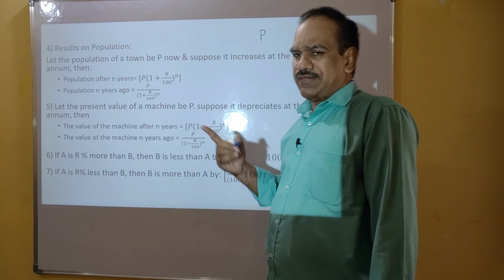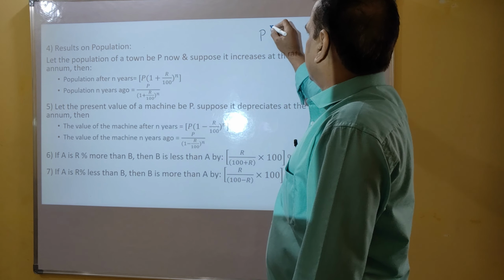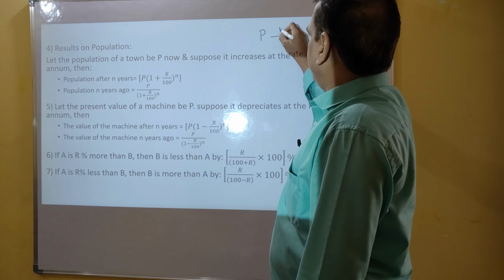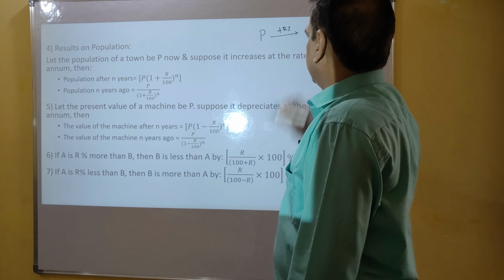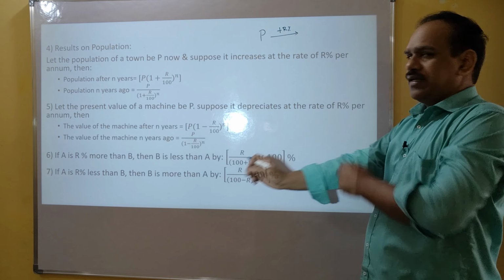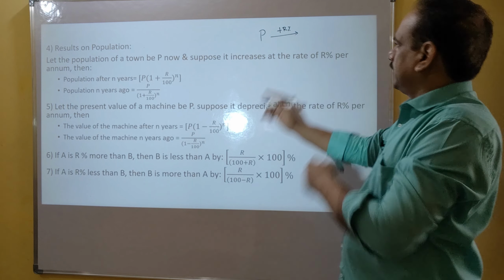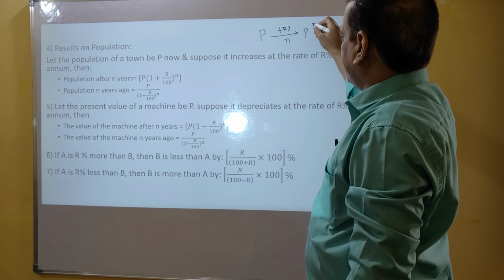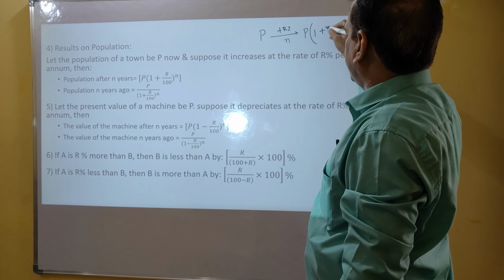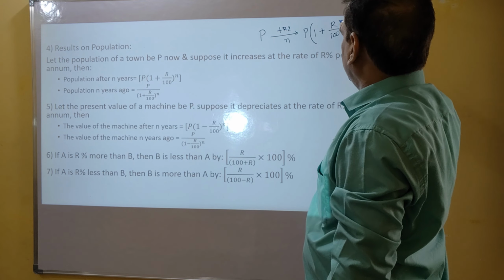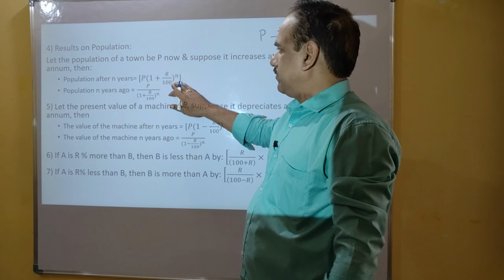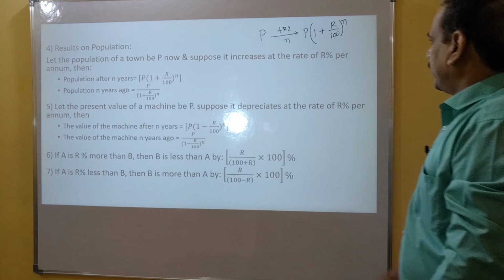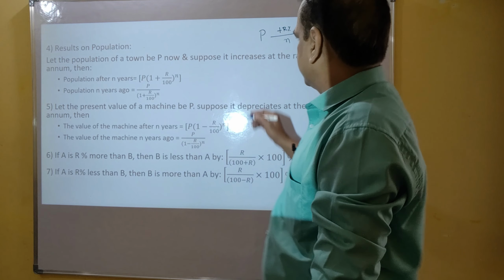Because it increases, you take it as plus R%. Then after n years, the population will be P into 1 plus R by 100 whole power n.